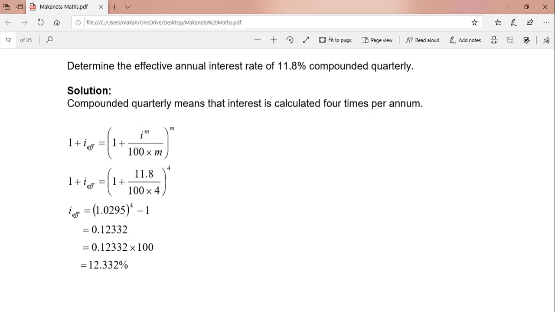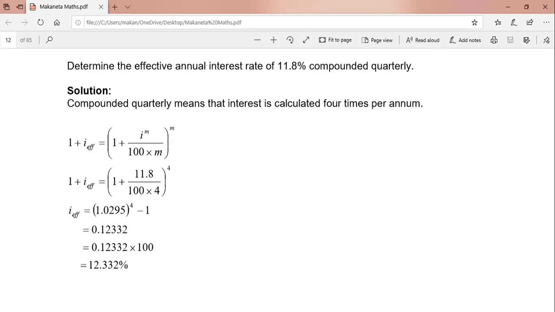Basically, you can use the interest rate formula that we just looked at for the effective interest rate as well as the nominal interest rate. And the nominal interest rate, as you know, is 11.8. But remember, that 100 that we have there in the denominator simply means we are dividing our interest. So 11.8 divided by 100. And of course, you divide by M, the number of times.